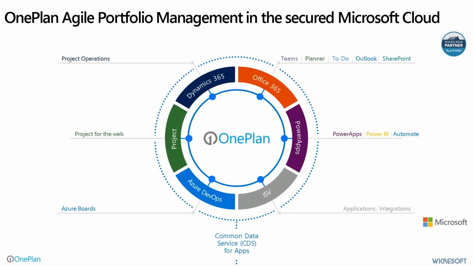I also want to state that at this point, OnePlan Agile Portfolio Management is really the only solution within the Microsoft clouds delivered by a leading portfolio management partner for Microsoft. So Microsoft is the 2019 Partner of the Year for PPM.